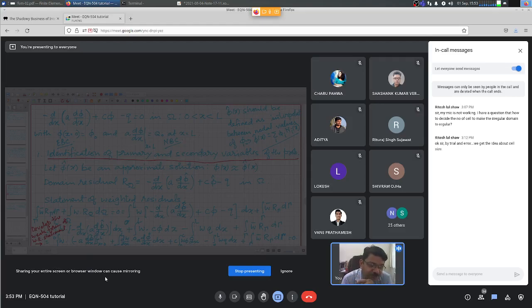And when you model elasticity problems, you will find a factor of 1 minus twice nu in the denominator. Nu is the Poisson's ratio.